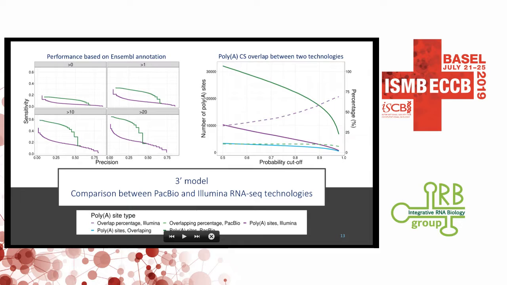You can see the sensitivity is always twice or more than Illumina. And also, as we are getting more and more stringent on our probability cutoffs, the overlap between these two libraries is getting higher and higher.